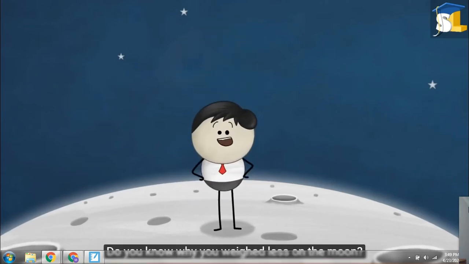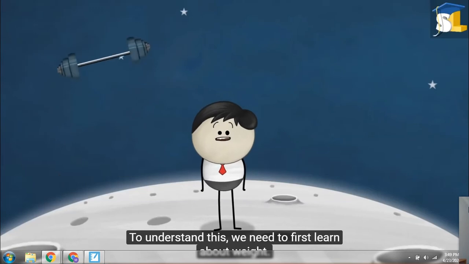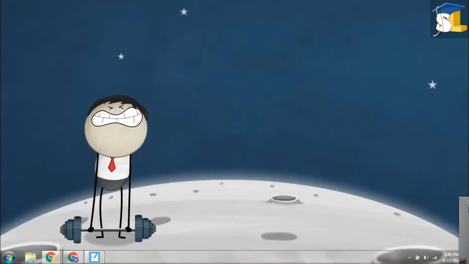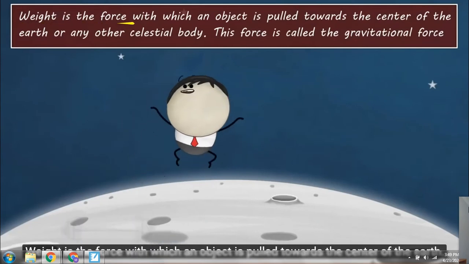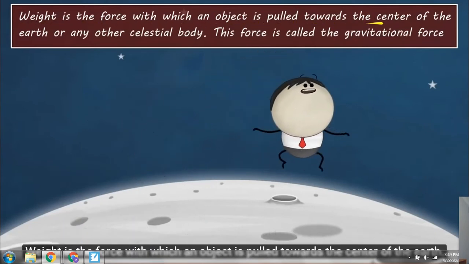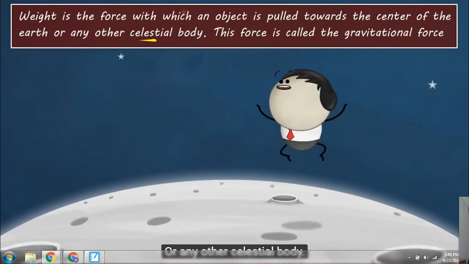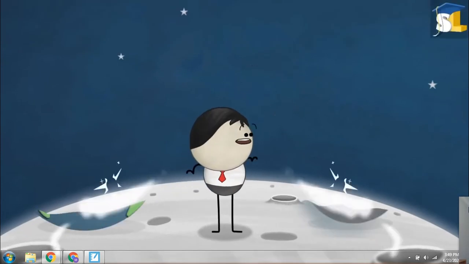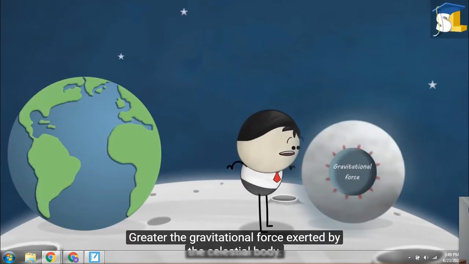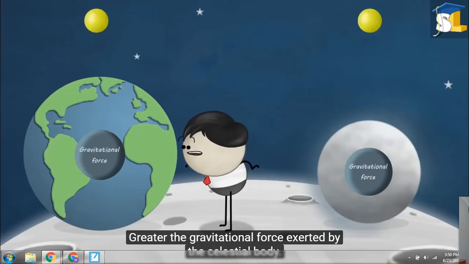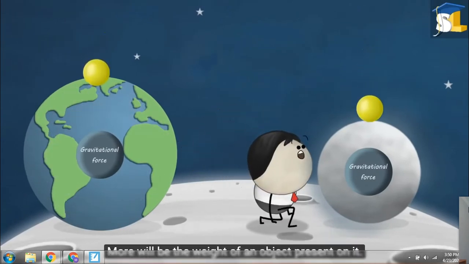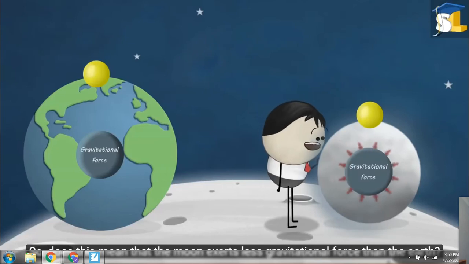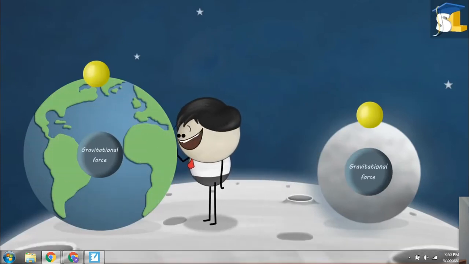Do you know why you weigh less on the moon? To understand this, we need to first learn about weight. Now, not those weights. Weight is the force with which an object is pulled towards the center of the Earth or any other celestial body. This force is called the gravitational force. Greater the gravitational force exerted by the celestial body, more will be the weight of an object present on it. So, does this mean that the moon exerts less gravitational force than the Earth?